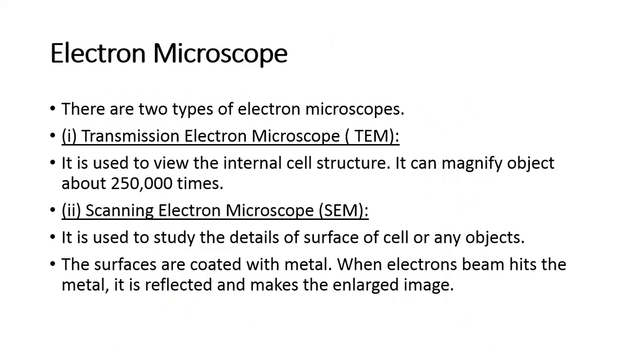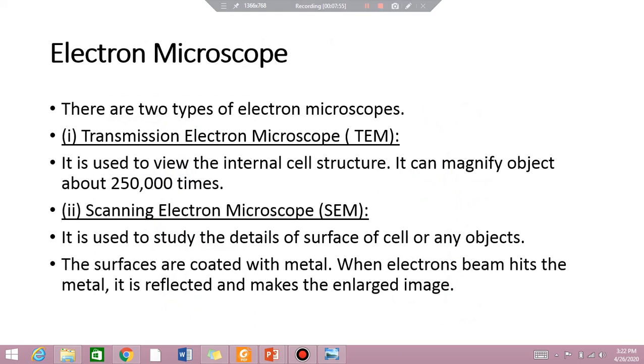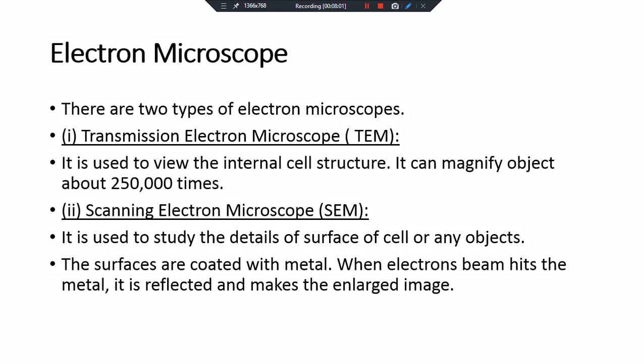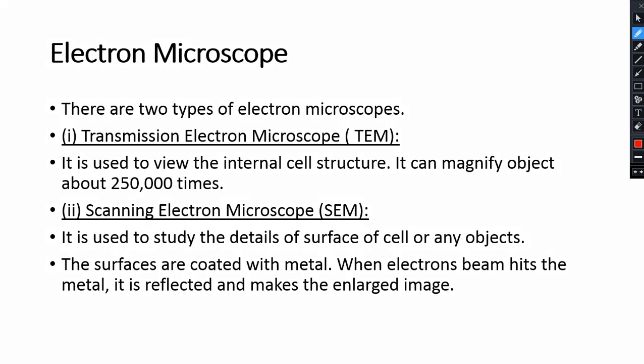So between the transmission electron microscope and the scanning electron microscope, there is a prominent difference. Transmission electron microscope will make the image of those structures which are inside the cell, the internal structures. And scanning electron microscope will make the picture of the surface of the cell.